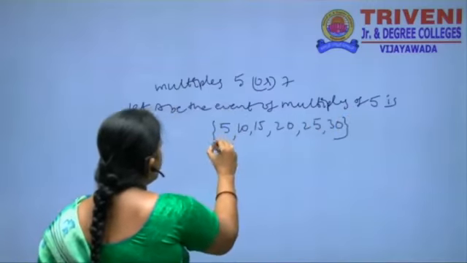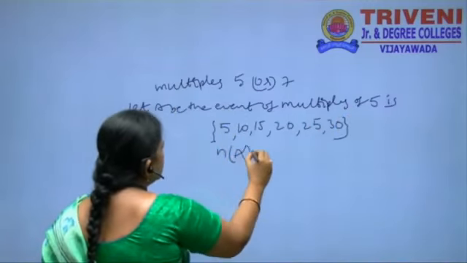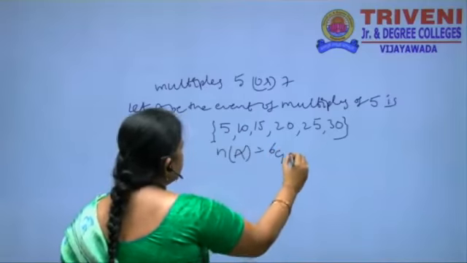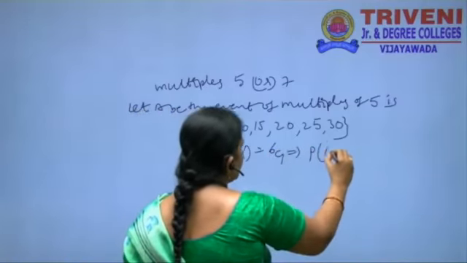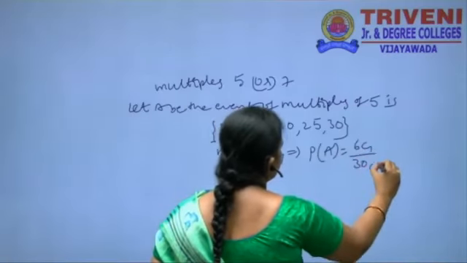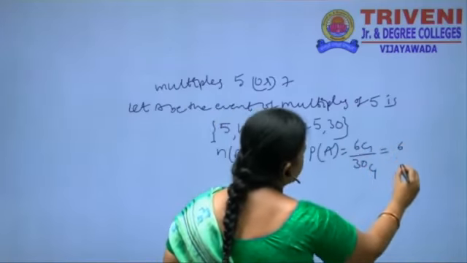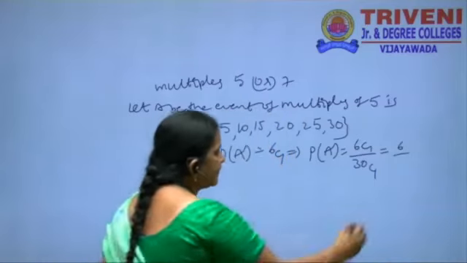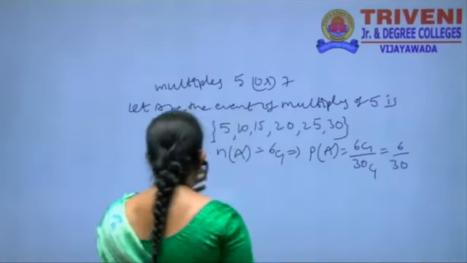That is N of A is equal to 6C1. Then similarly P of A is equal to 6C1 by 30C1. 6C1 is nothing but 6 and 30C1 is nothing but 30.